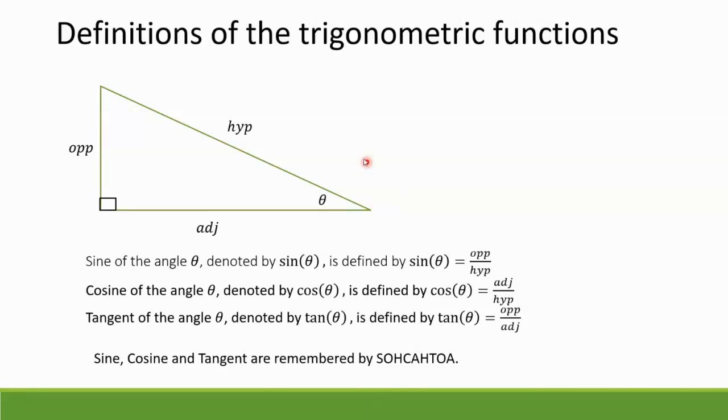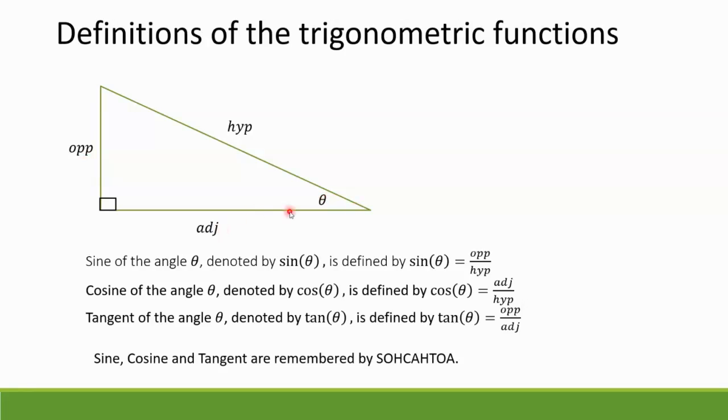Okay, so here, remember, this is just the definition of sine, cosine, and tangent. This is just as a reminder. You have an angle theta here, which is acute, meaning it's between 0 and 90 degrees, right? Okay, the side opposite theta is called OPP, which is opposite.